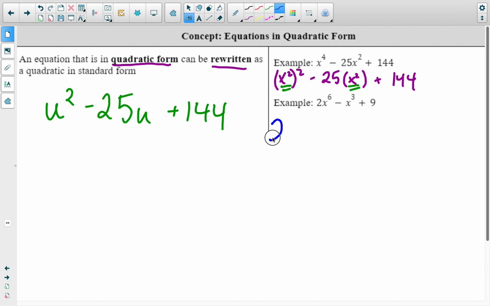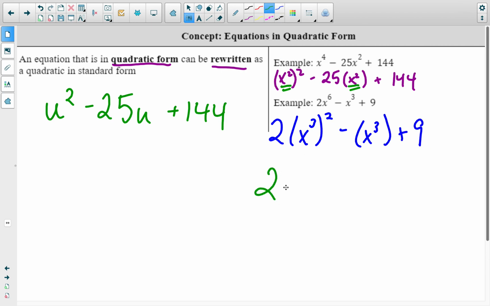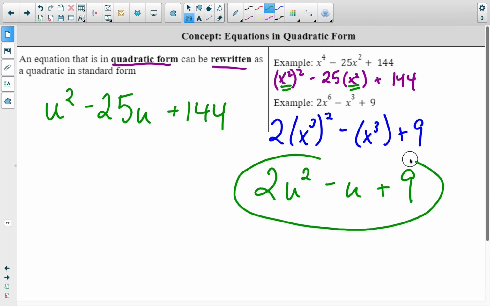Same thing here. If we think of this as 2 times x cubed squared minus x cubed plus 9, it's just like we're taking 2 times some variable, squaring that variable, minus that variable again, plus 9. And so we can then use our quadratic methods to solve these.